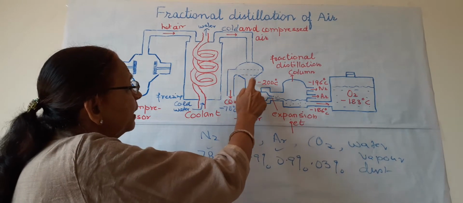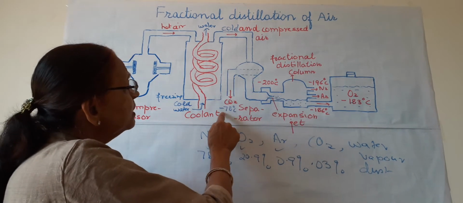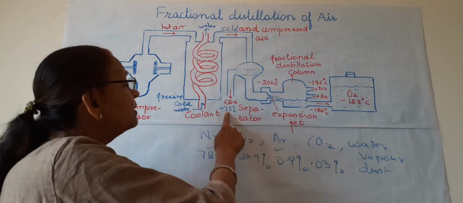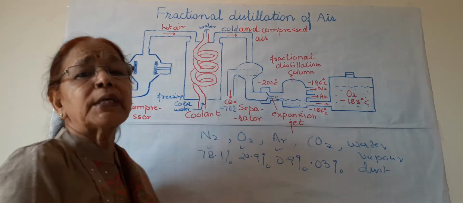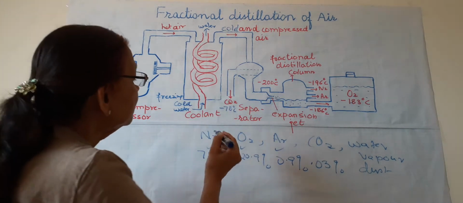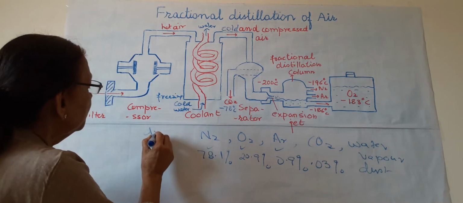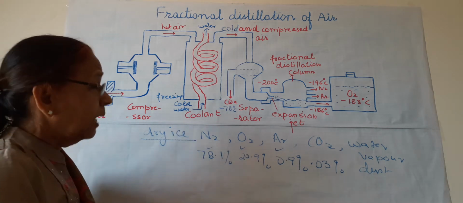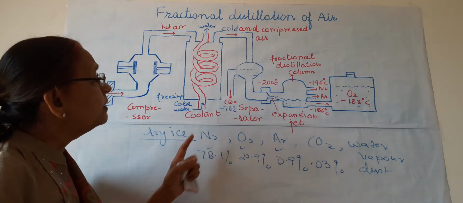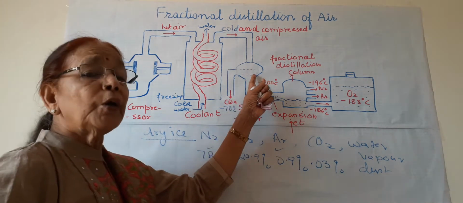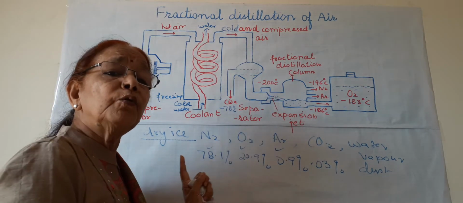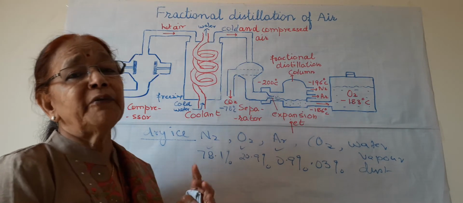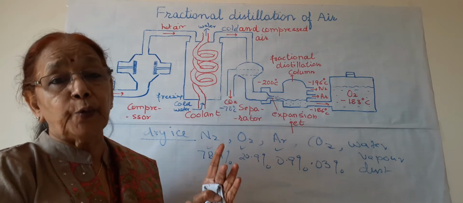So in this separator, if the temperature is minus 78 degrees centigrade, the carbon dioxide comes down as dry ice. You know, the solid carbon dioxide is known as dry ice because carbon dioxide directly converts to solid without converting into liquid.